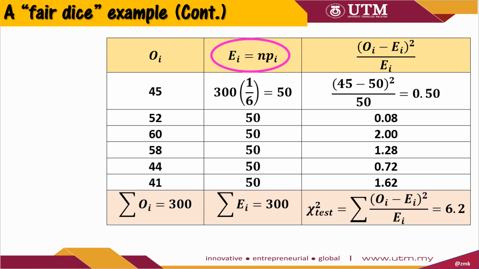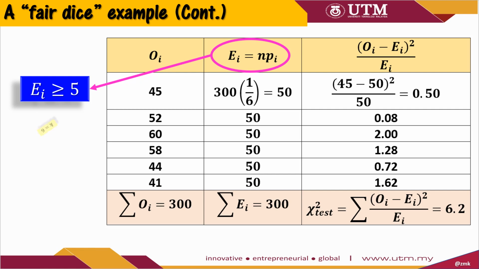First, is every expected value Ei at least 5? In this example, yes. You can see that all classes have Ei equal to 50. If yes, then we can identify how many classes we actually have in this example. Here we have 6 classes, that is, the number of classes k is equal to 6.